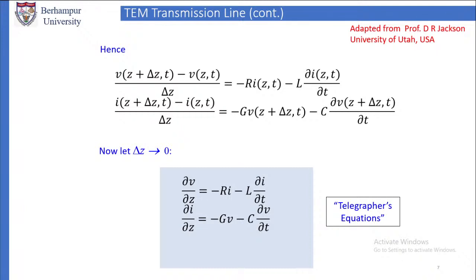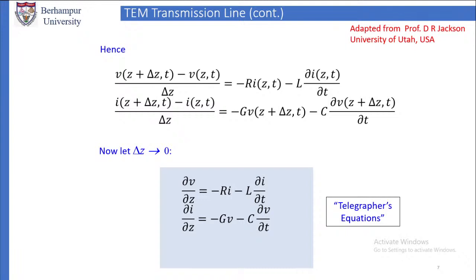So that gives you ∂V/∂z equal to −RI − L ∂I/∂t. Similarly, ∂I/∂z is equal to −GV − C ∂V/∂t. These two equations are called the telegrapher's equations.